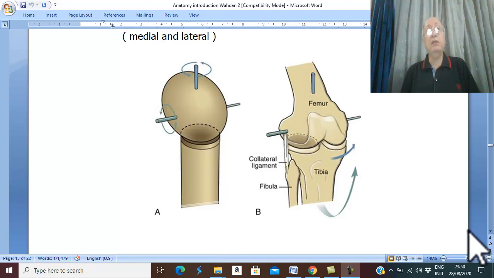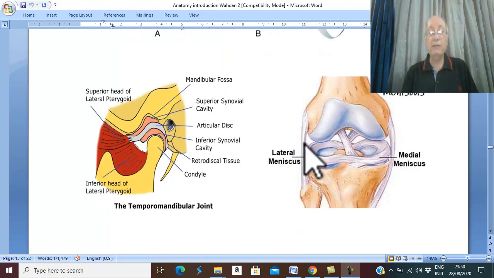First of all, we have condylar and bicondylar joints. In a condylar or bicondylar joint, one convex articular surface is called a condyle, like this.